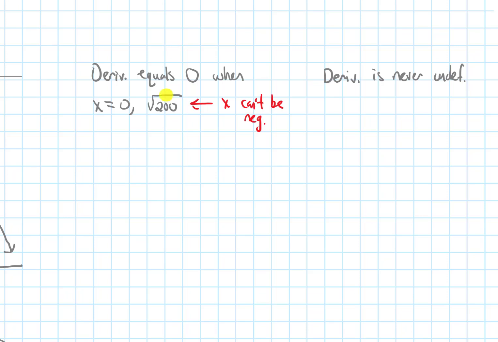Okay, so we are going to need to test our critical numbers. In this case, we actually have two critical numbers. There's one when x is 0, there's one when x is square root of 200. So one thing that's going to help me decide which method to use is, let's first think about what my interval for my variable is. Our variable that we got it in terms of was x.